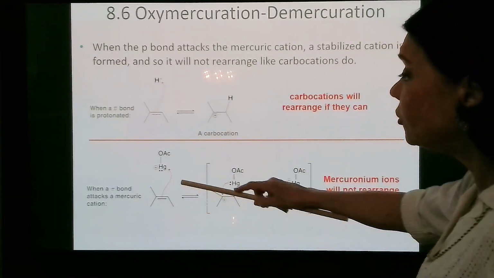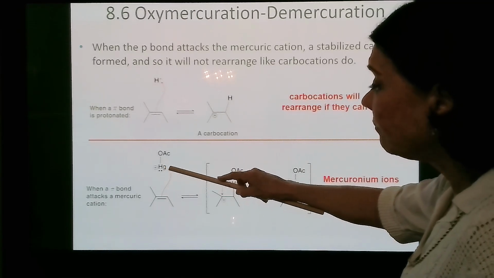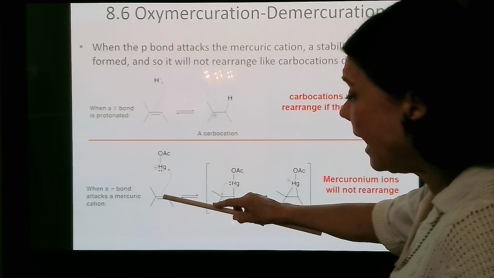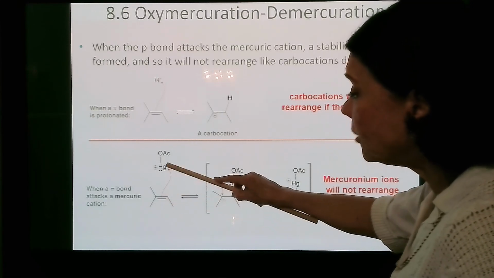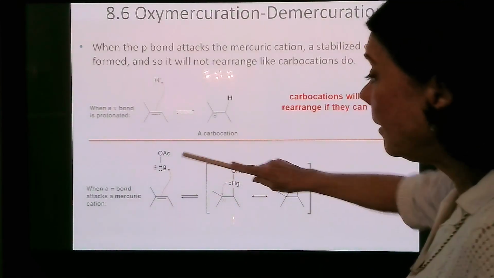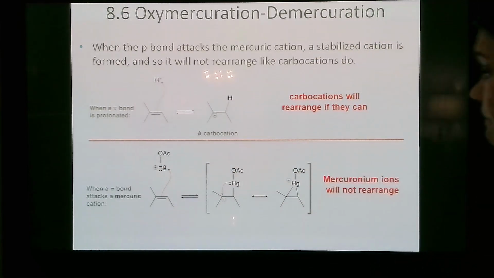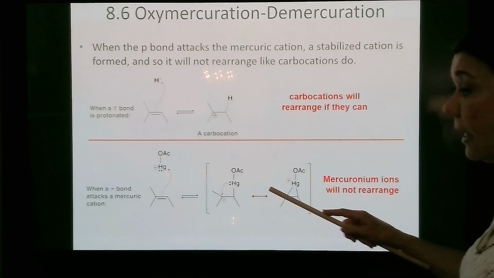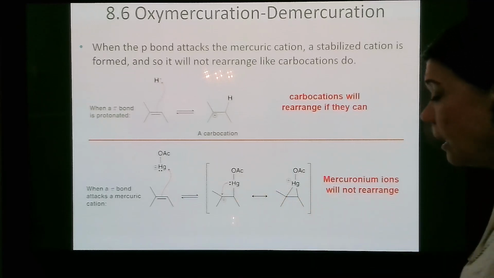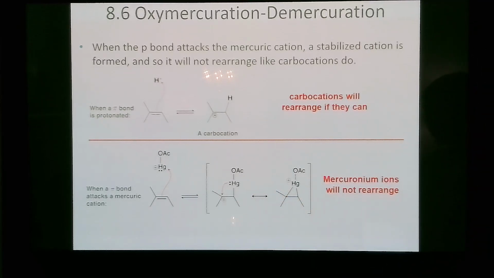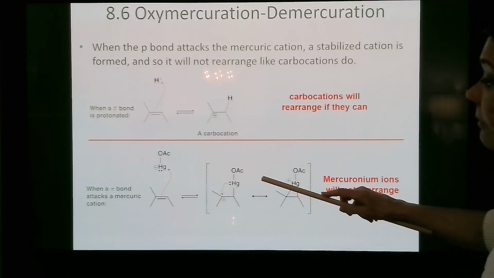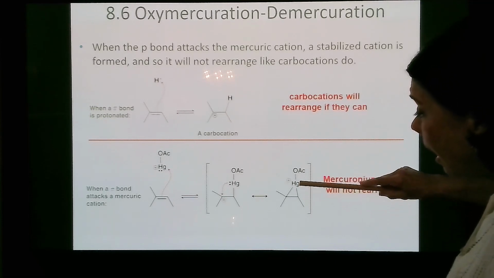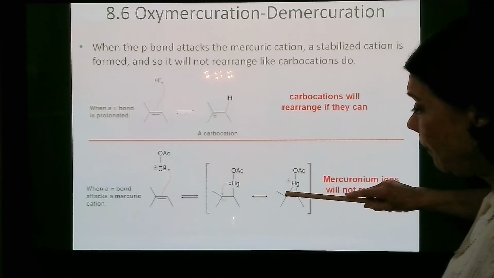So notice that the mercury comes in near the pi bond, and the pi electrons attack the mercury cation. Okay, and notice that this is a resonance structure. This is a resonance structure. And so the actual molecule that's formed here, the intermediate that's formed here, is a three-centered intermediate.